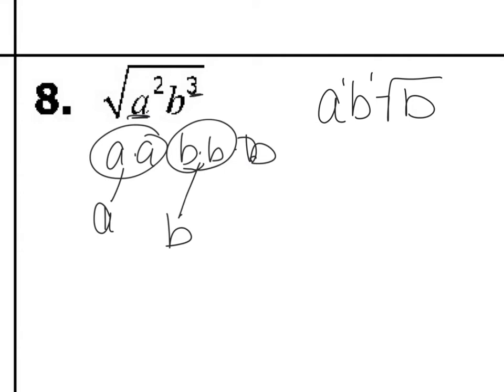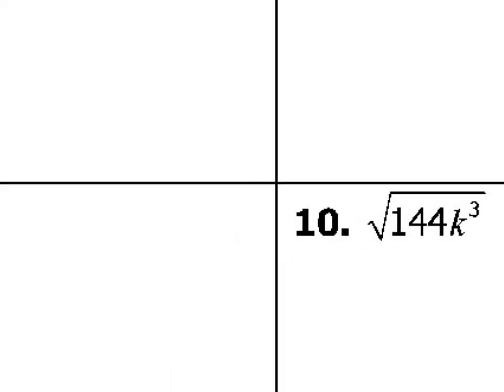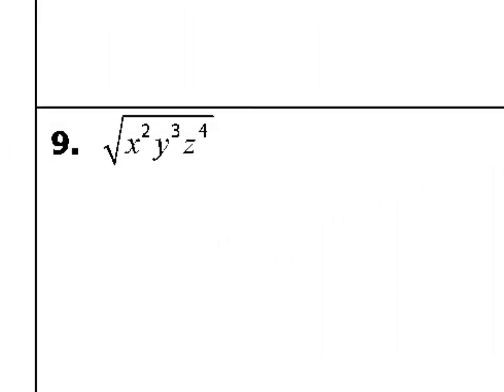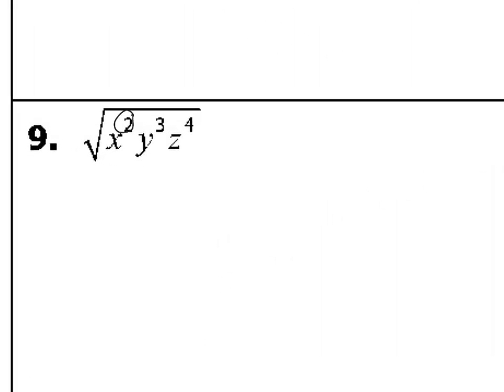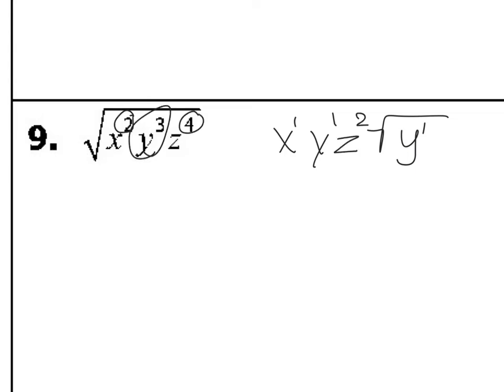Because 3 divided by 2 is 1 with a remainder of 1. Okay. How about this one? Divided by 2 is 1. Divided by 2 is 1 with a remainder of 1. And 4 divided by 2 is 2 with no remainder. So that's your answer.